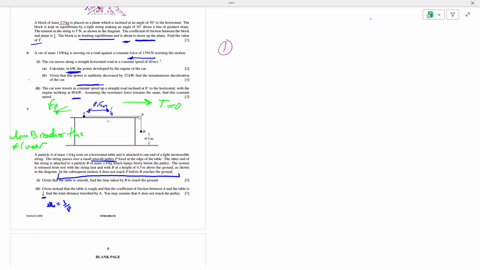In order to do that, I want to use the equation v squared equals u squared plus 2as. I have u, which is 0, and I have s, which is 0.5 meters. So I need to calculate a. To calculate a, I'm going to use Newton's second law. So first thing, I'm going to calculate the acceleration of A.